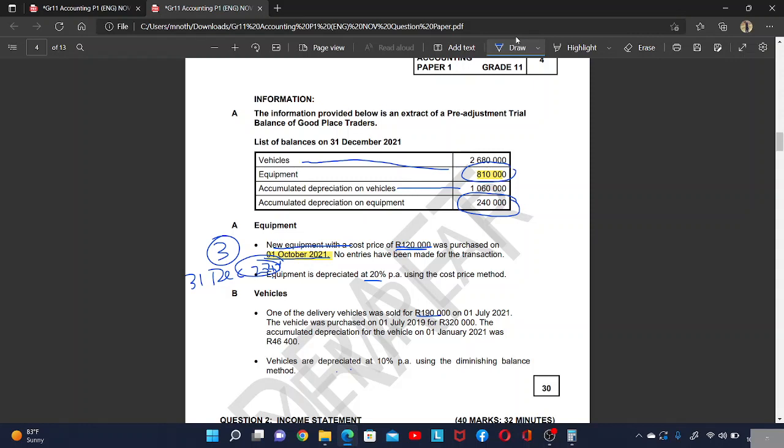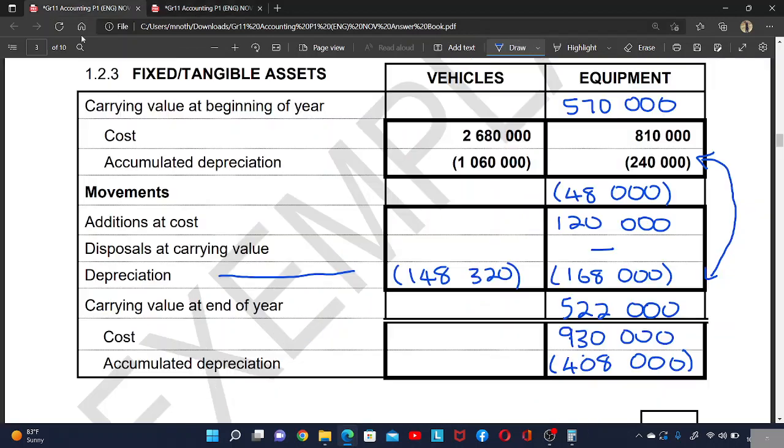The vehicle was purchased on 1 July 2019 for 320. So a vehicle was sold.